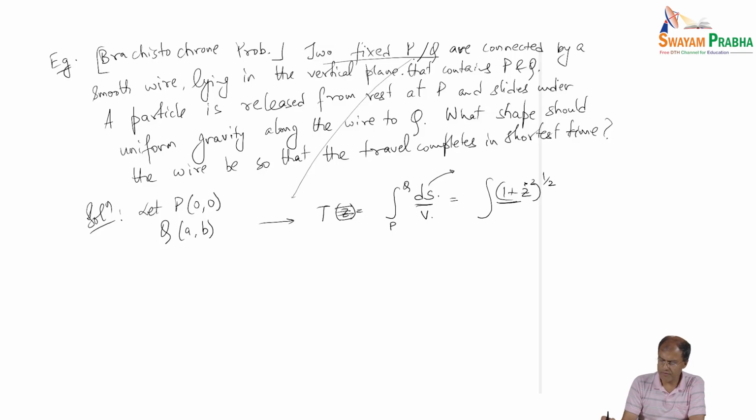And if we were to write the velocity now, since the particle is going from P to Q, the only force acting on the particle here is gravity, which is mg. Which means that the potential energy plus the kinetic energy is equal to the conserved quantity of the system.